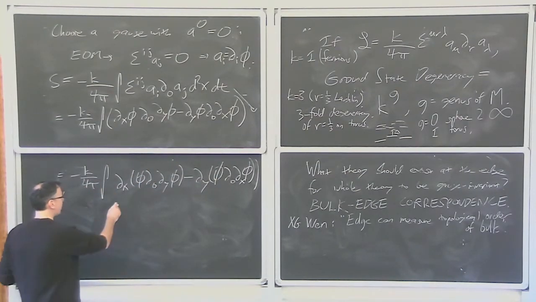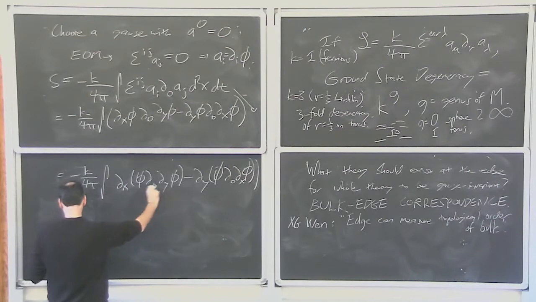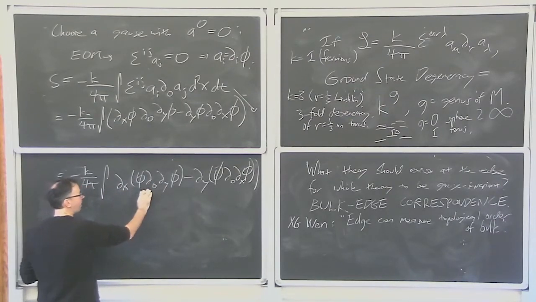But now, what is this? This is like the curl of a vector, if you want. It's dx of a y component minus dy of an x component.